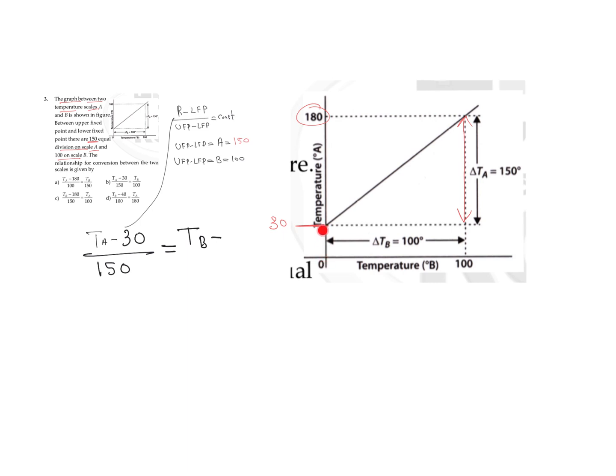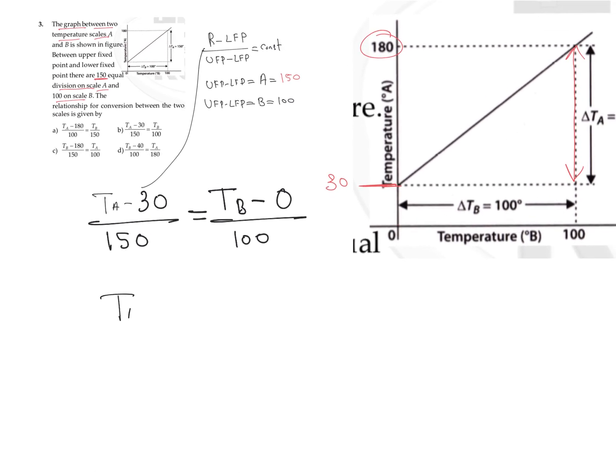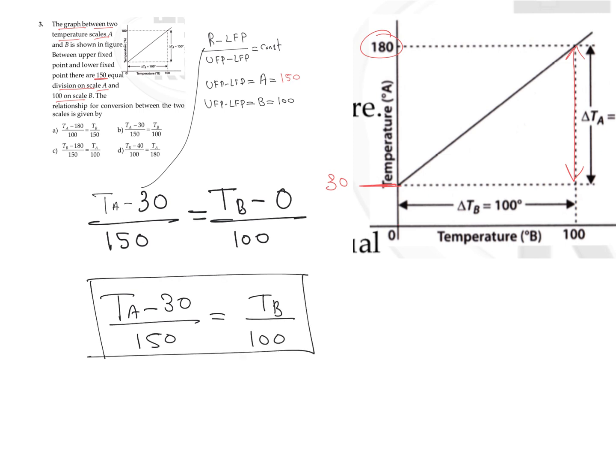You can observe that its lower fixed point starts from 0, so it is 0, divided by the number of divisions there, which is 100, or upper fixed point minus lower fixed point is 100. So that is the relation between TA and TB: TA minus 30 divided by 150 is equal to TB minus 0, TB divided by 100. That is the relation between TA and TB.